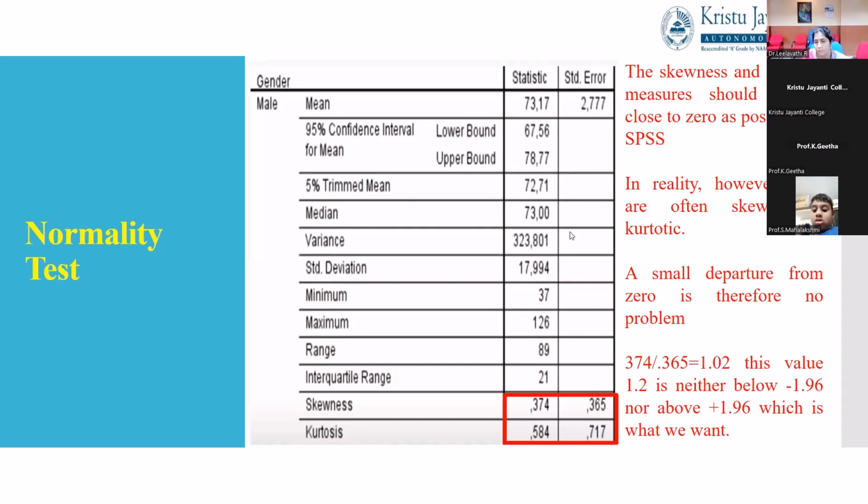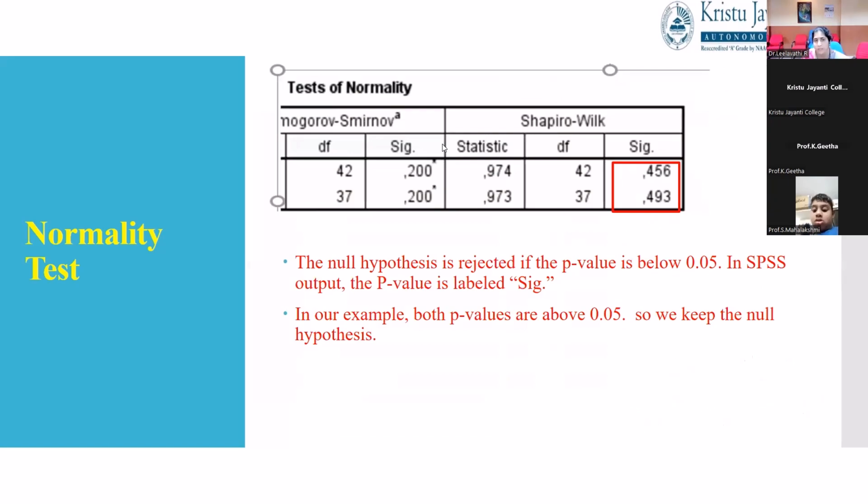With this alone we can't conclude, so one more thing we have to do. Here 3.74 divided by 3.65 gives 1.02, which is within the range, so we get the same thing. Still we can't tell whether the data is normally distributed or not. Once again we have to see the significance value, that is the p-value.